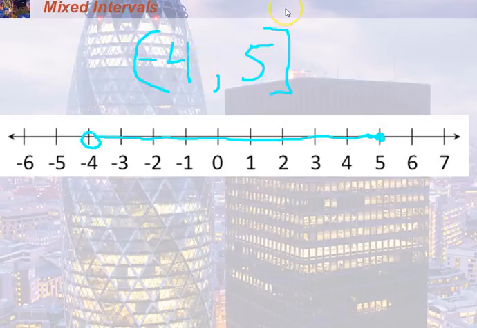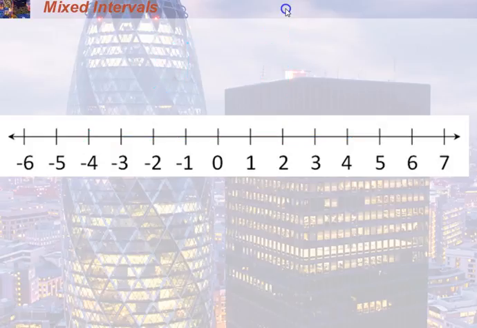All right, let's do one more, and then we'll be done with this first part of the lesson. I'm going to pick pink. I'm going to do this and this and all the numbers in between.